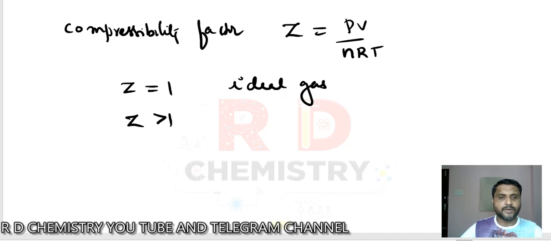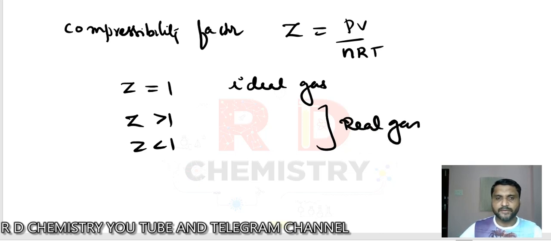Z can be greater than 1, Z can be less than 1. So we tell this is a non-ideal gas, or we call it real gas behavior. Greater than 1 means a positive deviation from the ideal behavior, and less than 1 means a negative deviation from the ideal behavior. Okay, right?